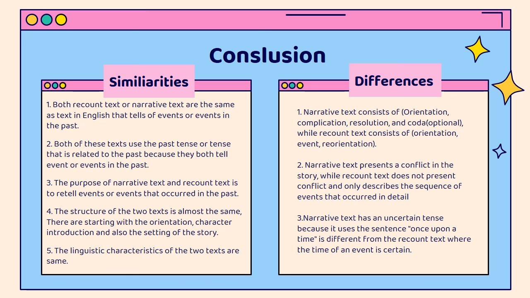Number two, narrative text presents a conflict in the story, while recount text does not present conflict and only describes the sequence of events that occurred in detail. And number three, narrative text has an uncertain tense because it uses the sentence once upon a time, which is different from recount text where the time of an event is certain.